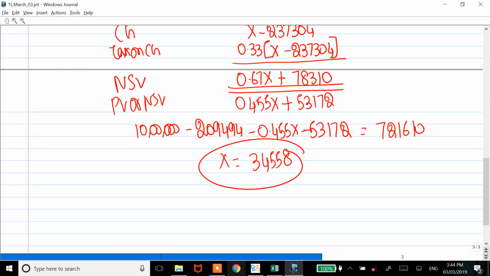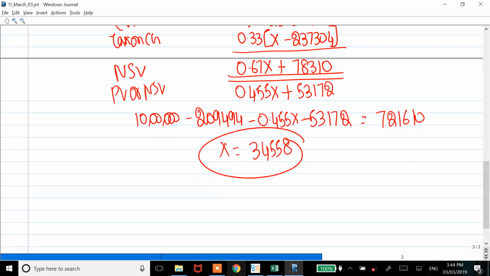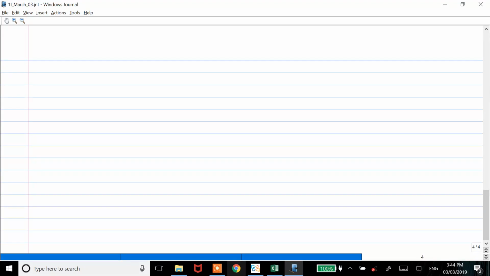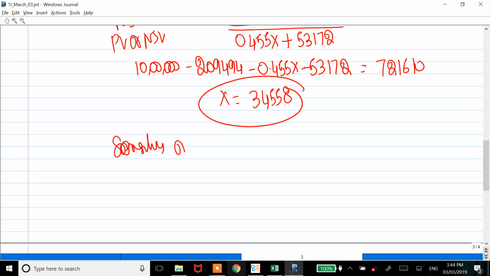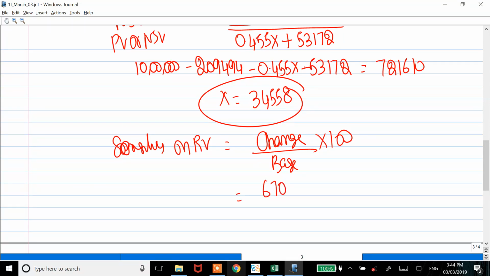Okay. Any doubts on this? Now the sensitivity percentage on residual value is change by base into 100: 67,000 minus 34,558 divided by 67,000 into 100.